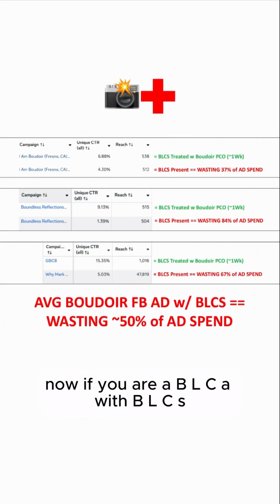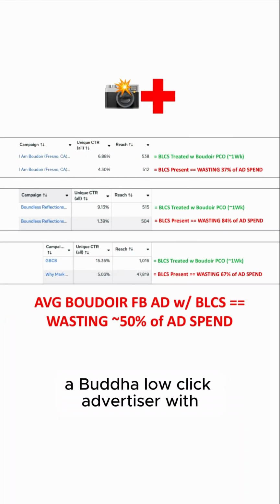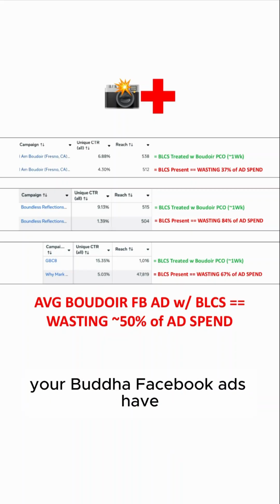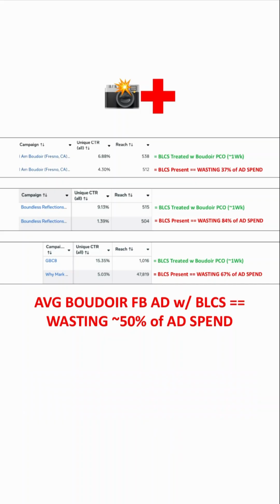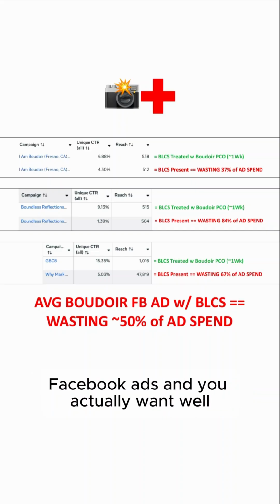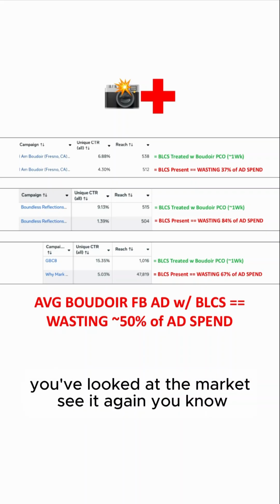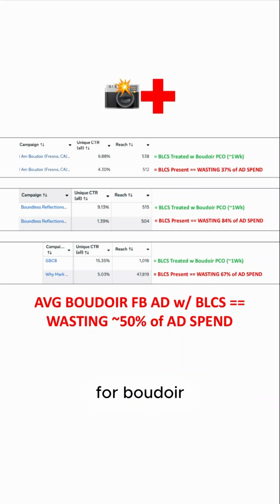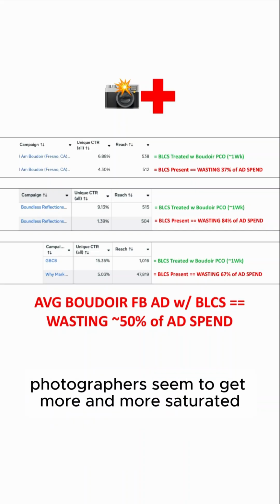Now, if you are a BLCA with BLCS, a Boudoir low click advertiser with Boudoir low click syndrome, your Boudoir Facebook ads have a unique CTR under 6%, and you spend more than 10 grand a month on Boudoir Facebook ads, and you've looked at the market, you see it for boudoir photographers getting more and more saturated.